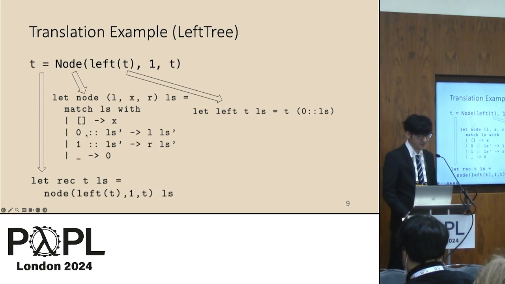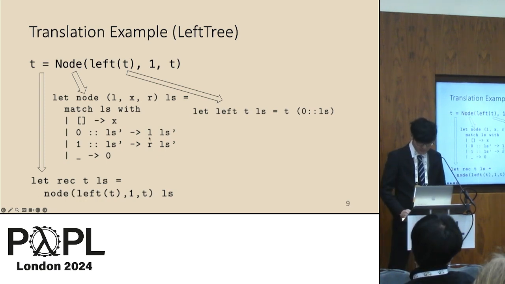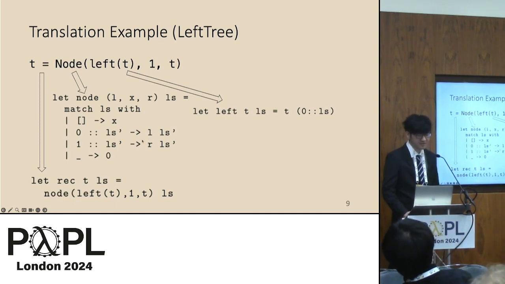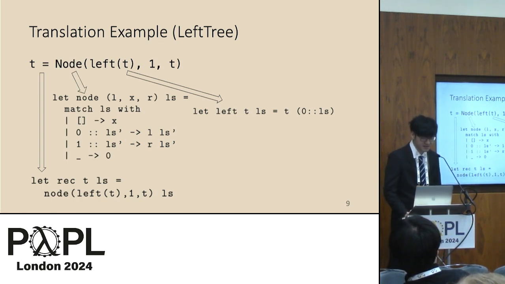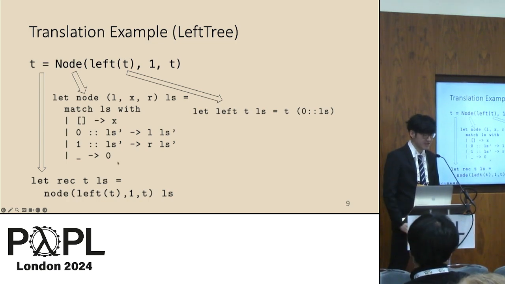If the list starts from 0, it refers to the component of the left child, so it passes the remaining path ls' to the function L. If the list starts from 1, it refers to the right component, so it passes the remaining path to the R. Otherwise, the argument list doesn't represent any position of the data structure, so it returns the meaningless value 0.